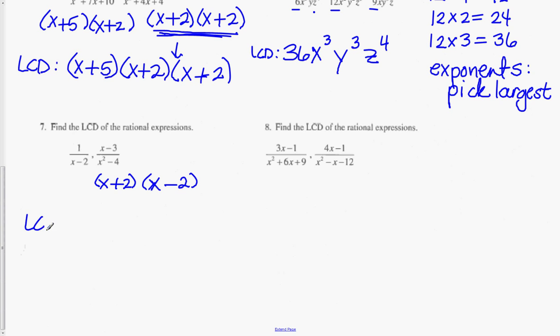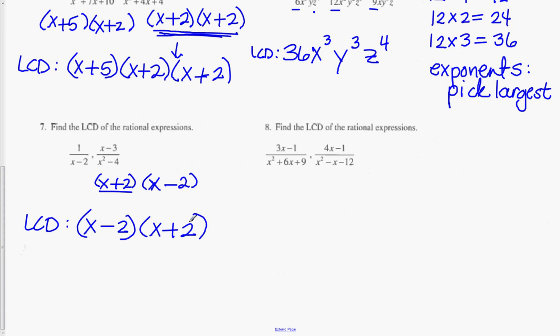So for my LCD, in the first fraction, I have an x minus 2. In the second one, I don't have the x plus 2 listed yet, so I'm going to list it. Now, in this case, I have an x minus 2 in that second fraction. I already have it listed in my LCD, so I do not have to list it again.